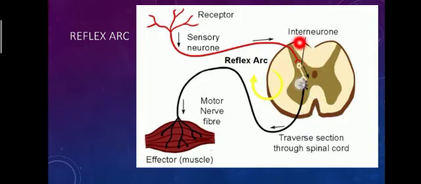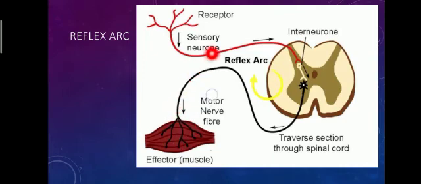In the spinal cord, an interneuron exchanges the impulse, and suddenly sends the impulse by the help of a motor neuron to the effector muscles, and then the spinal cord makes us withdraw the hand immediately. So you can see that there is a sudden action because of which we save ourselves or our body parts.